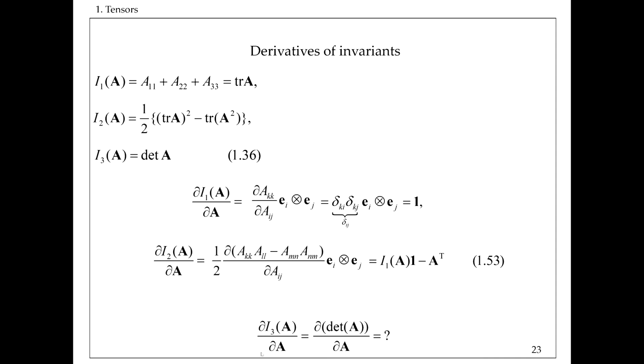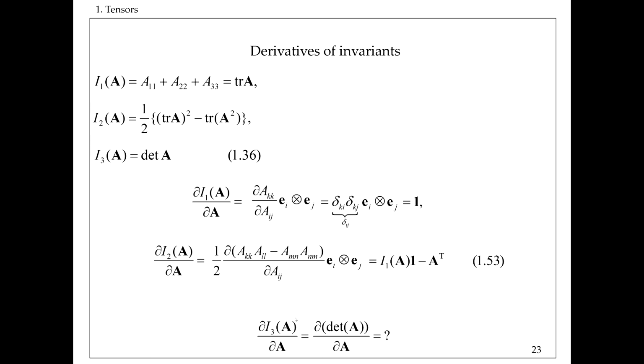Now for the third invariant, we just started talking about it, so things are a little bit trickier because we want to follow a similar approach in the derivation as for the first and the second invariant. Then we'll need to write all the components, and unfortunately when we have these higher order terms, as in a determinant, we have a complicated expression that is not straightforward to take a derivative of.